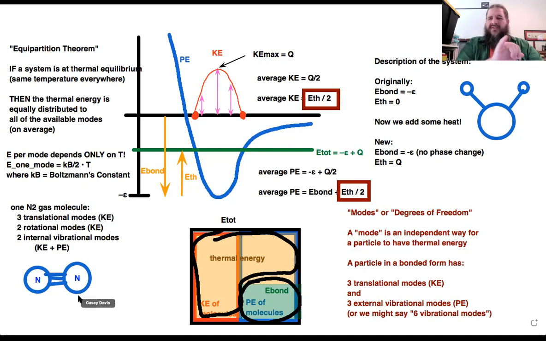So if all you care about is how fast the molecule is moving, look at just the 3 translational modes. Each one of them has kB over 2 times temperature as the energy. So the translational kinetic energy of this molecule would be 3 times kB over 2 times temperature. If you know the temperature, you can calculate the kinetic energy of that one molecule as it moves. Then you could also set that equal to 1/2 mv squared and solve for the actual speed of the molecule if you know its mass.